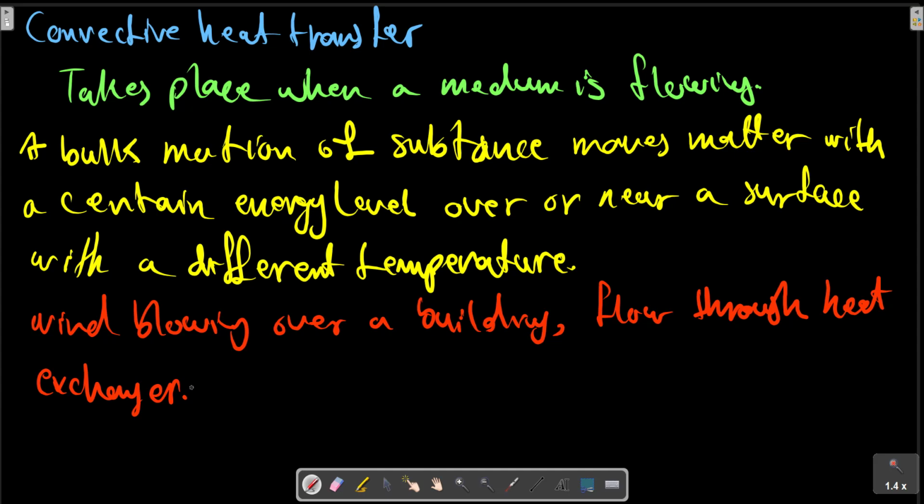The overall heat transfer is typically correlated with Newton's law of cooling as Q dot equals h A delta T.